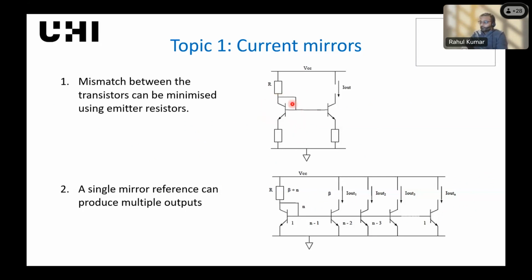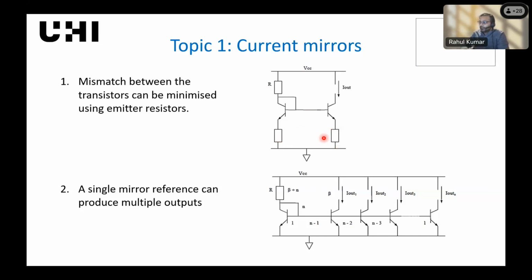In practical circuits, you may have two transistors which are not very well matched because, as I mentioned, even if the two transistors come from the same batch, from the same factory, they will have slightly different current gain. So to adjust or minimize this mismatch, what we can do is connect two resistances.